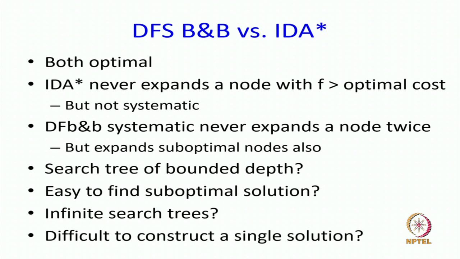But if your first solution was very hard to find, then life is tricky for branch and bound, but it is okay for IDA star, because when IDA star finds the goal, that is when it stops, whereas branch and bound finds many goals before it says I am done. So, it is a different way of looking at life.